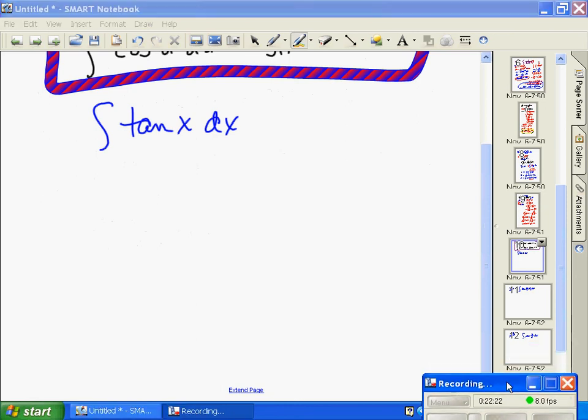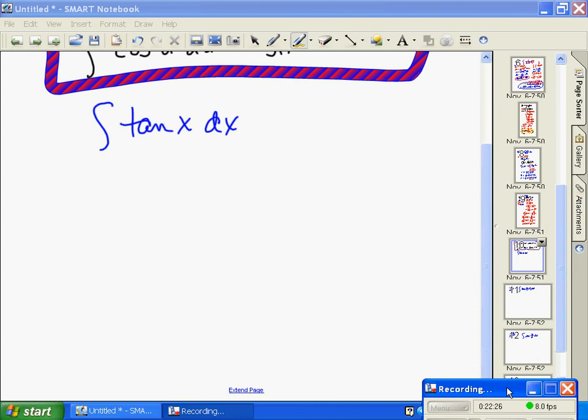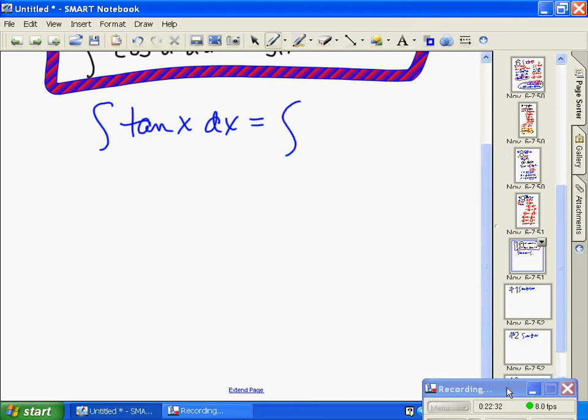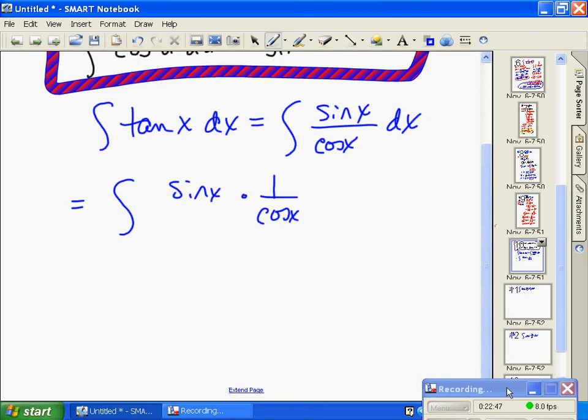Sometimes I know that some of you like to see where this comes from, so let's just kind of do this. This is the same as the integral of sine of x over cosine of x. Okay? So if I were to split this up, I want to think of this one as the integral of sine of x times 1 over cosine of x.